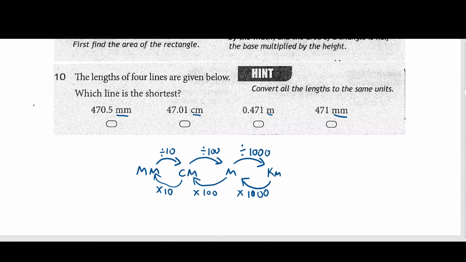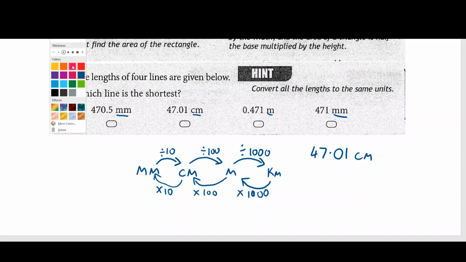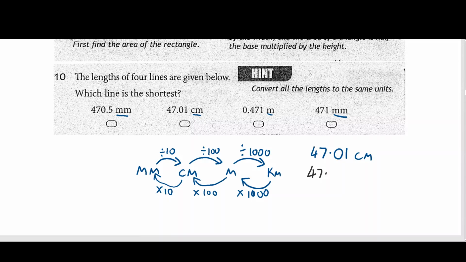Okay, so this first one, 47.01 centimeters. I want to put that to millimeters. So here's how I do it. I've got 47.01 centimeters. So there's my centimeters, and I want to put it to millimeters.